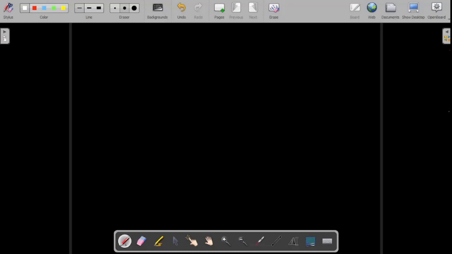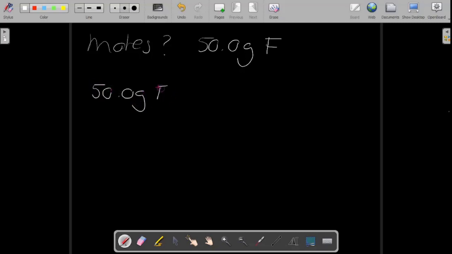What are they giving us? They want to know the number of moles. Okay, moles. That's what they're asking. For fluorine, we have a sample of 50.0 grams of fluorine.